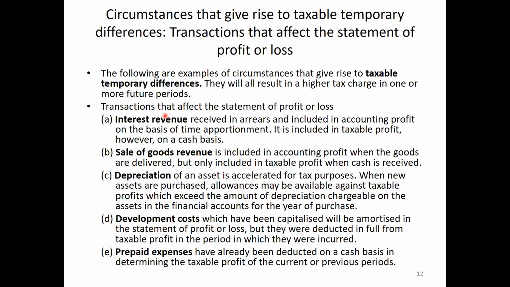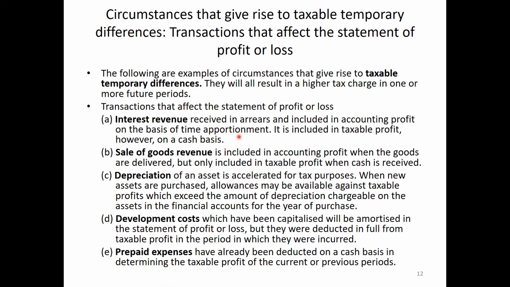The transactions that affect the statement of profit or loss. For example, interest revenue received in arrears is included in accounting profit on the basis of time apportionment, meaning accrual basis.